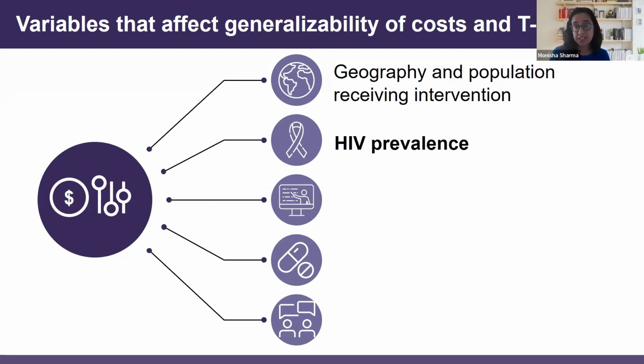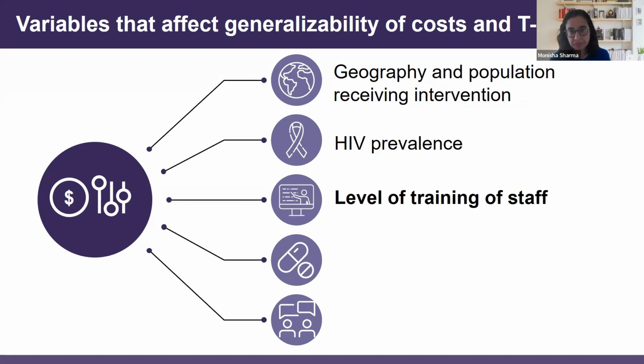The HIV prevalence affects the client volume, and also in this intervention, it costs more to reach an HIV positive versus negative partner because there's more counseling and there's more supplies with the confirmatory testing.